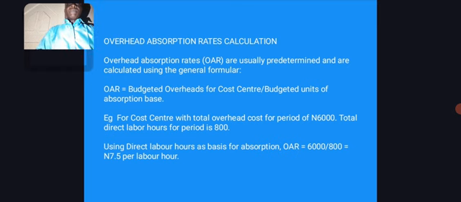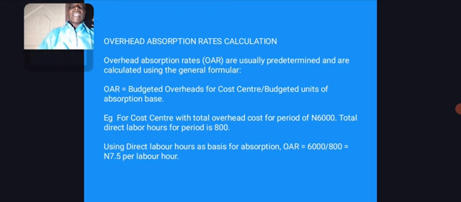Take for example, if we have decided that our basis for absorption is direct labor hours, and then let's also assume that the total cost of overhead for the period amounts to 6,000, and the total direct labor hours for the period amount to 800.